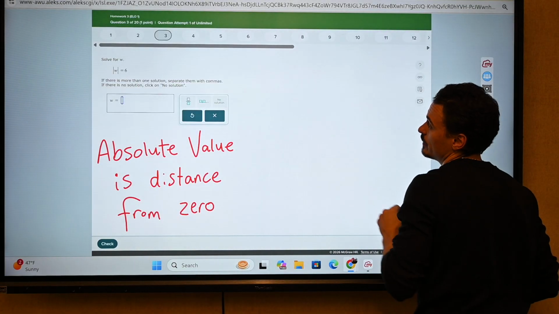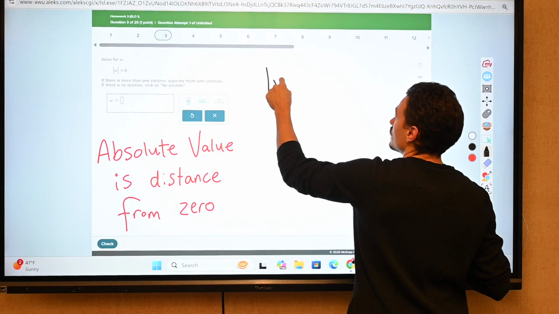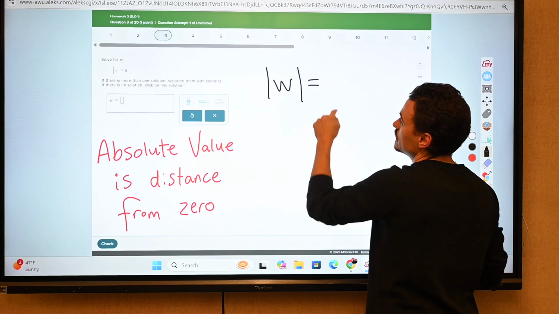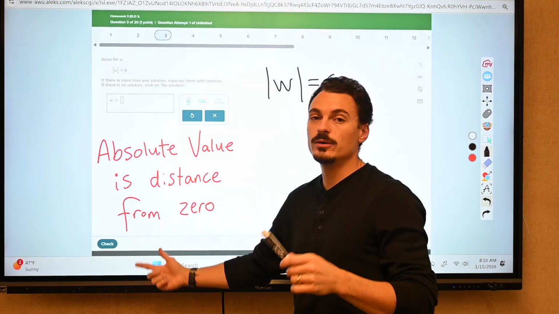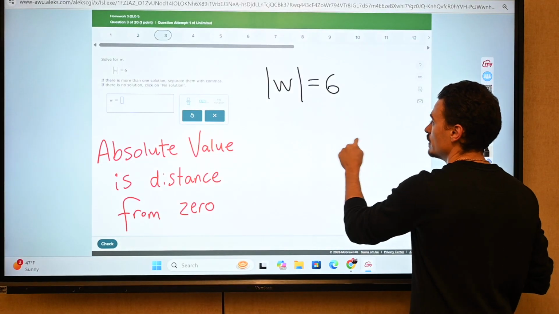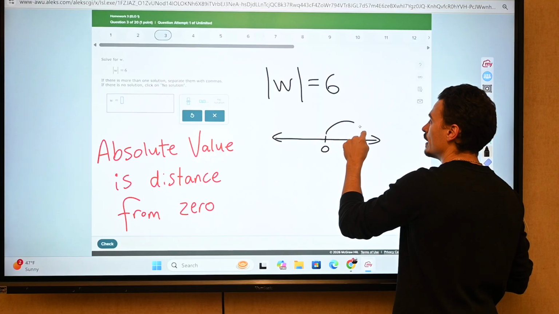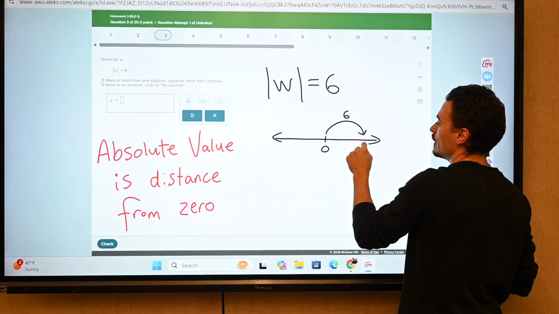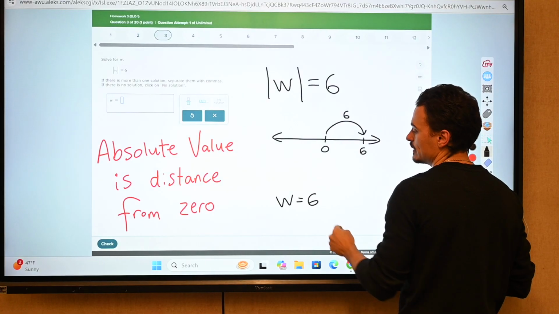Number 3 is the absolute value of w equals 6. So for this question, our distance from 0 is 6, which is possible. We have 0 right here. I go 6 away from 0, and I land at 6. So w is equal to 6.